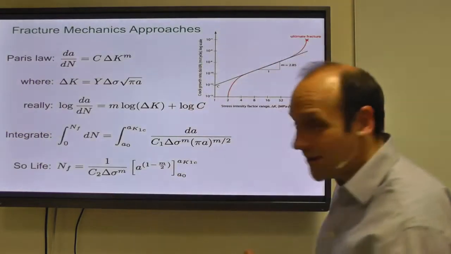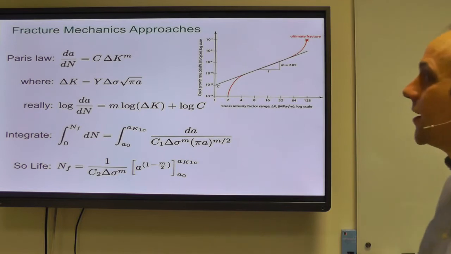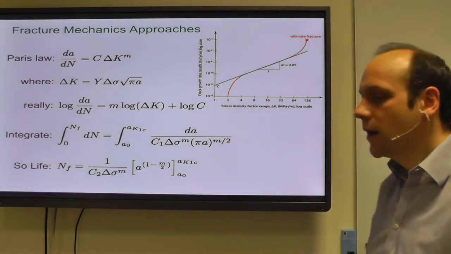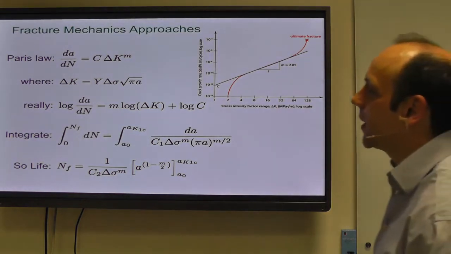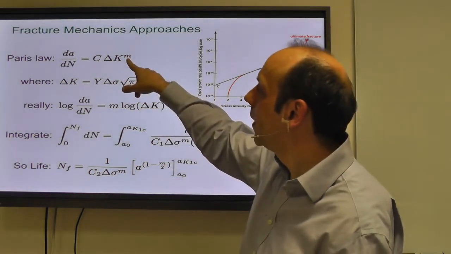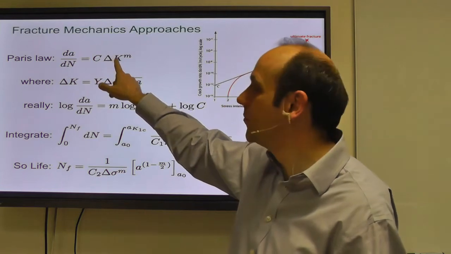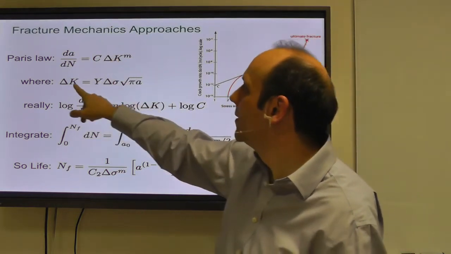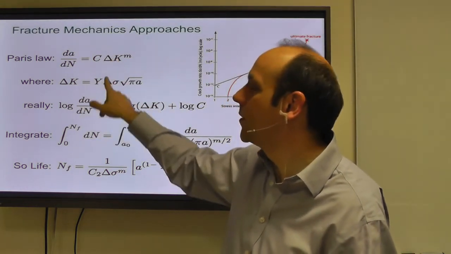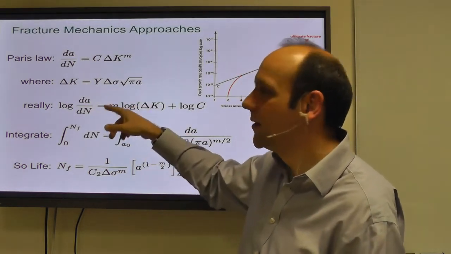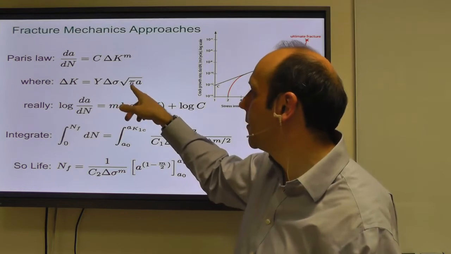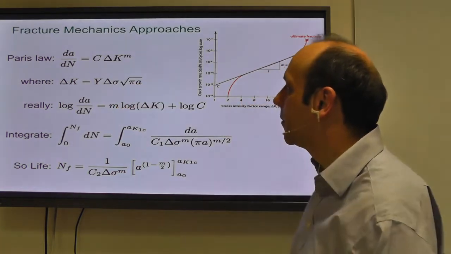What people do in design is they want to do something more intelligent using fracture mechanics. So just as a reminder, in fracture mechanics, we take the Paris law, where delta K is the oscillating stress intensity factor. Delta K is some number Y, about 1, times the oscillating stress, the maximum minus minimum stress, times the square root of pi times the crack length.